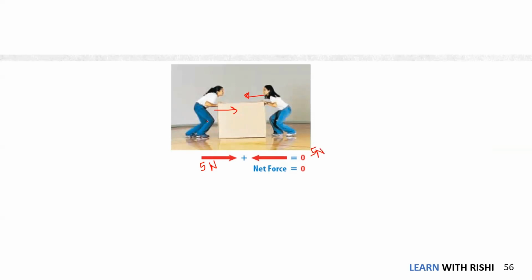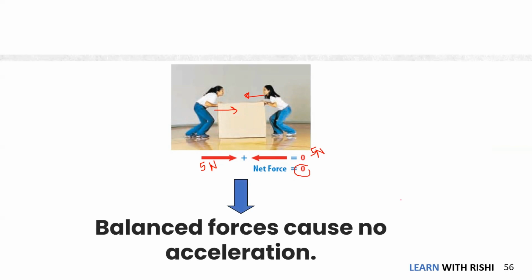So from the left side the girl is applying 5 Newton. From the right side also another girl is applying 5 Newton force. Both forces are equal and they are opposite in direction. So the net force will be 0. The object will remain there only. It will not move either towards the right or towards the left. So balanced forces cause no acceleration. There will be no motion of the body.